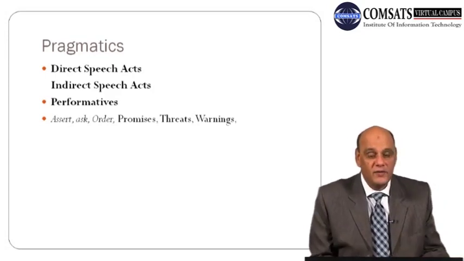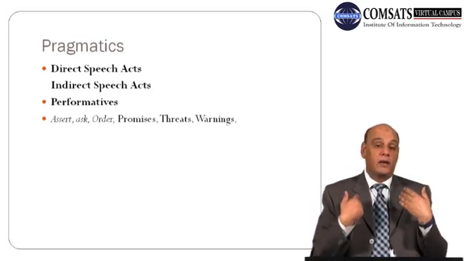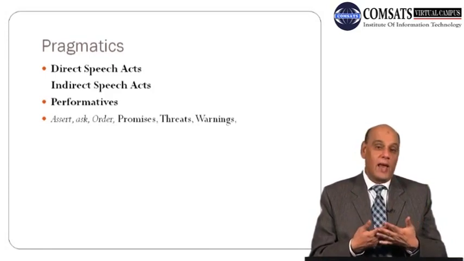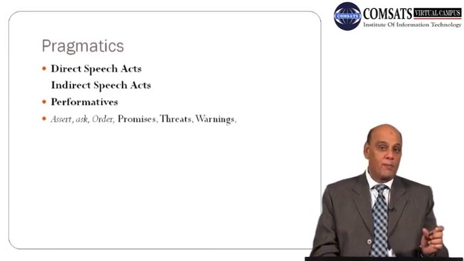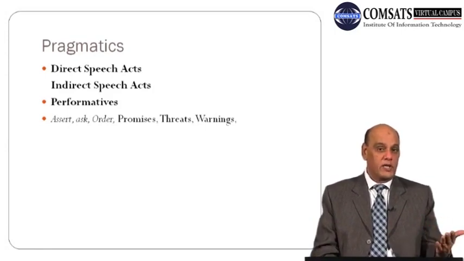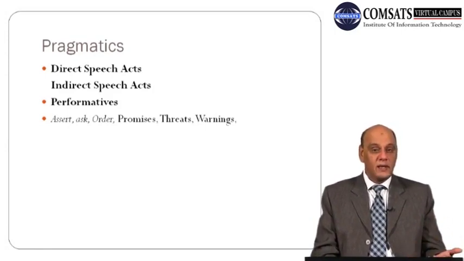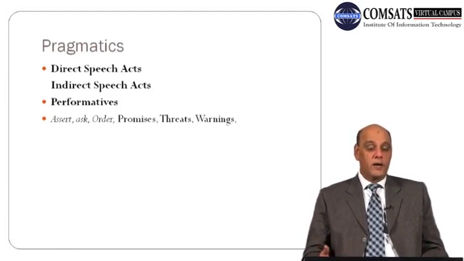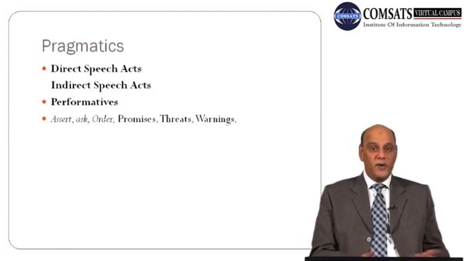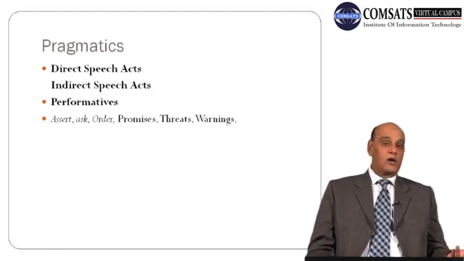Every language has different words, and the language users pick up certain words because those words help them to perform speech acts. If they want to assert, ask a question, order, give a promise, give threats, or talk about warnings, these are different speech acts: the act of asserting, the act of asking.